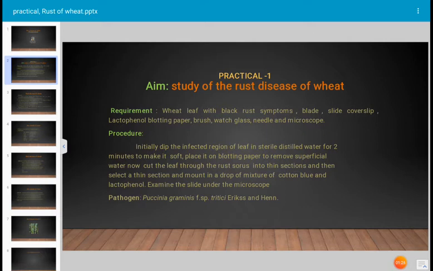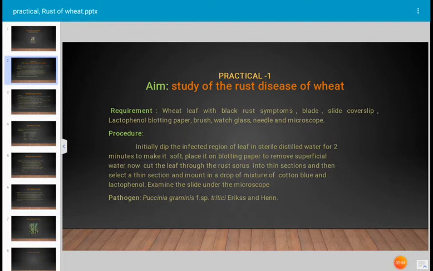Initially, dip the infected material which is supplied by the laboratory in sterile or distilled water for 2 minutes to make it soft. When it becomes soft, place it on a blotting paper to remove the superficial water.